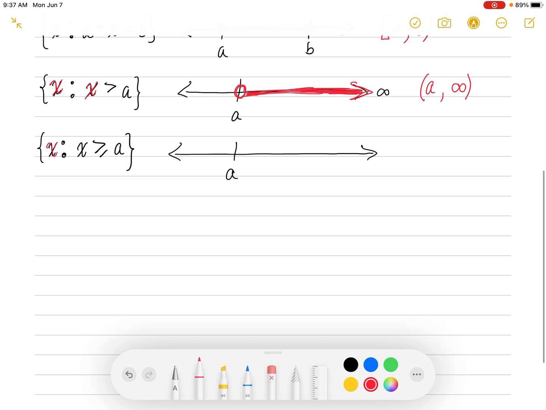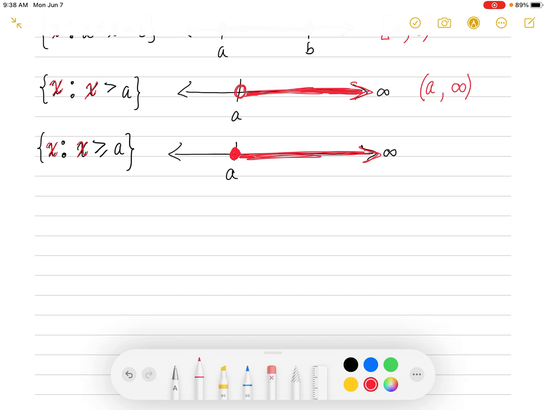And remember that we're talking about all the numbers x that are greater than or equal to a. So if we're talking about greater than a, then we're to the right of a. So x is somewhere here to the right, or it could be equal to a. If x is equal to a, then we're going to shade in the closed dot on top of a. Now to the right, you have this concept of infinity that you're never going to reach.